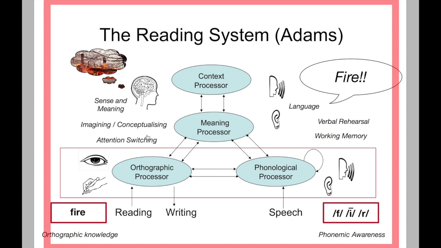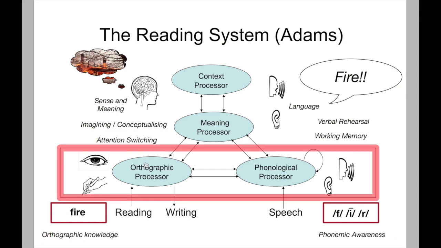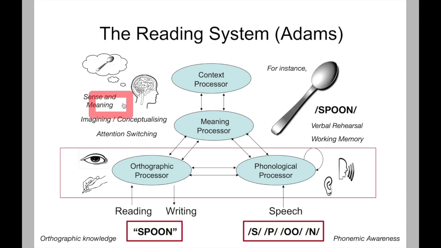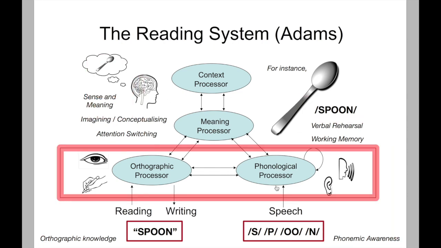Similarly here, once I've read it, I need to switch attention from decoding to, now that I know what I've read, I need to imagine it, conceptualize it, and get its sense and meaning. And here's just another example of the same thing. The word spoon. Break it up. Phonological processor: spoon, spoon.